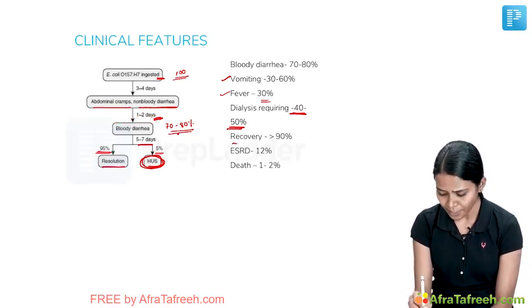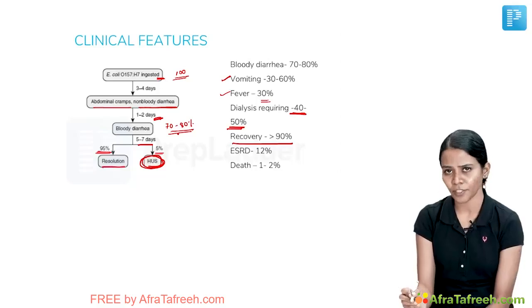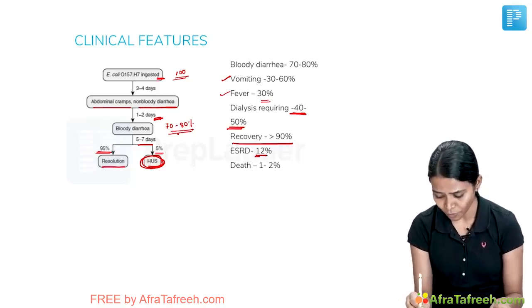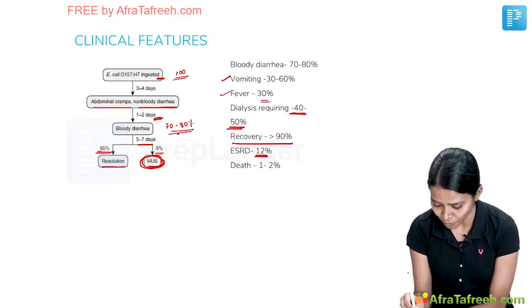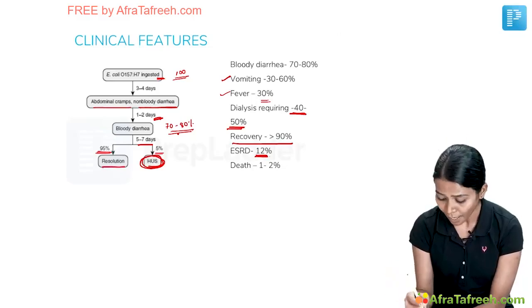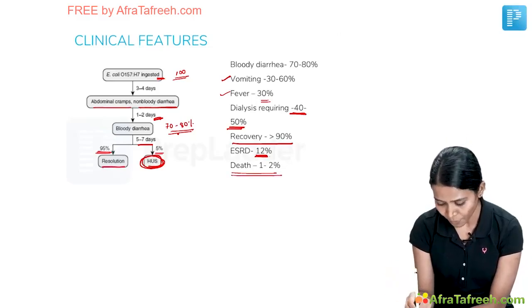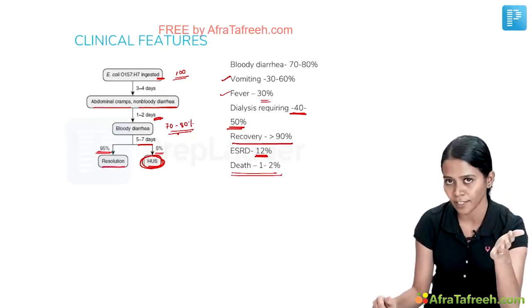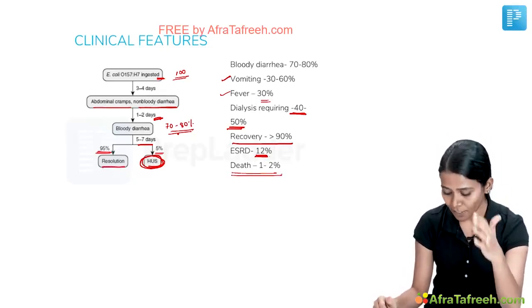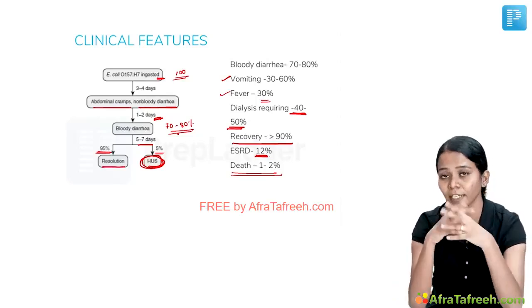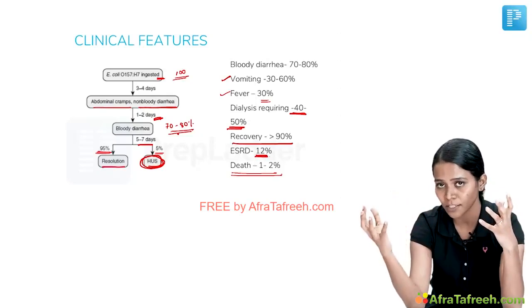Recovery is seen in more than 90% of patients. ESRD in the long run was seen in around 12% of patients. That is a very small number. You can approximately remember it as 10% if it is difficult to remember otherwise. And death is seen only in 1 to 2%. So, once the bacteria is ingested, it is going to cause diarrhea, out of which bloody diarrhea will be seen only in 70 to 80% of patients. So, for the bloody diarrhea to happen itself, it will take 5 to 6 days.